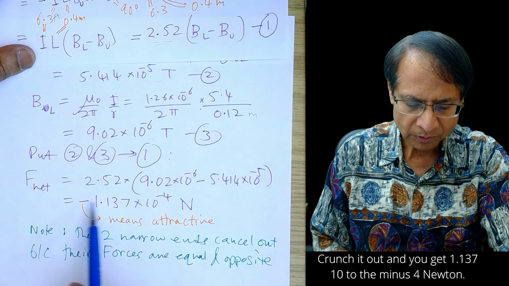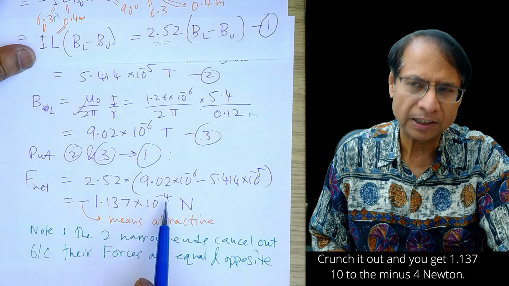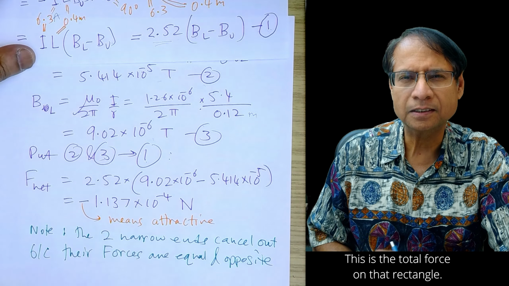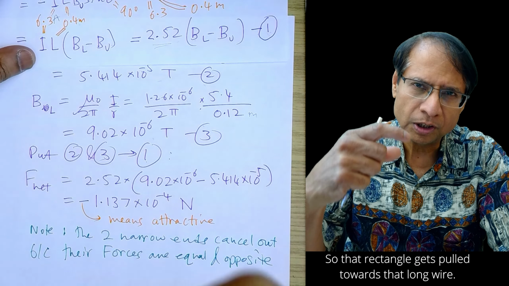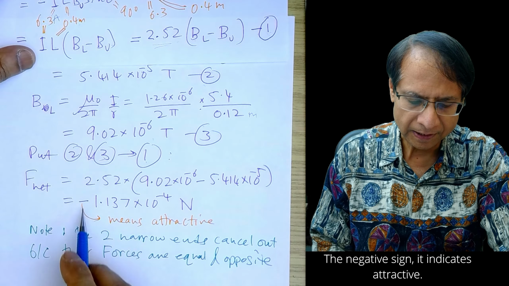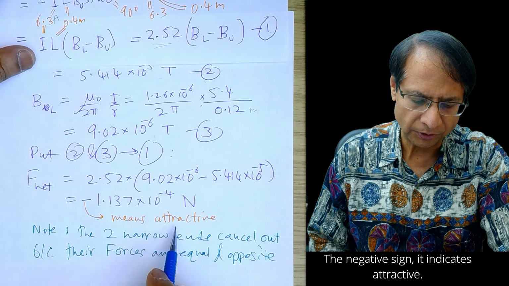Crunch it out, and you get 1.137 times 10 to the minus 4 Newton. This is the total force on that rectangle. So that rectangle gets pulled towards that long wire. The negative sign indicates attractive.